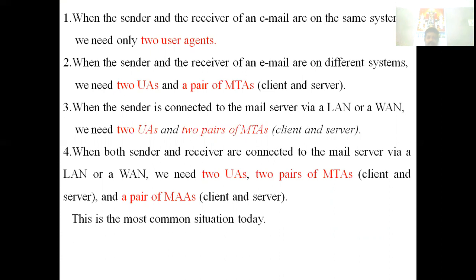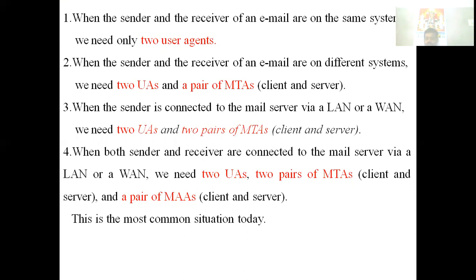The third one is when the sender is connected to the system via a LAN or WAN, and the receiver is directly connected to one system. In such a case, you need two user agents and two pairs of message transfer agents.